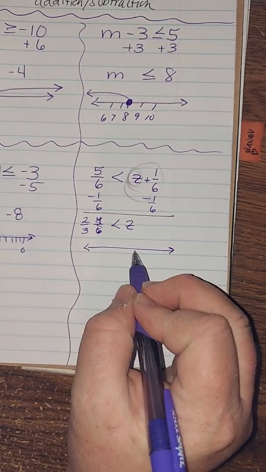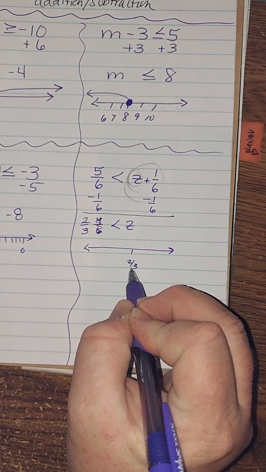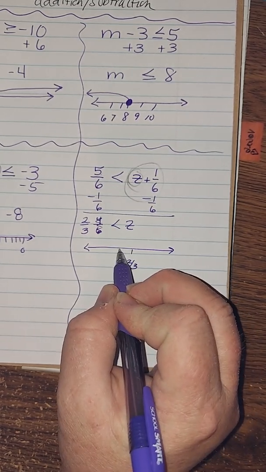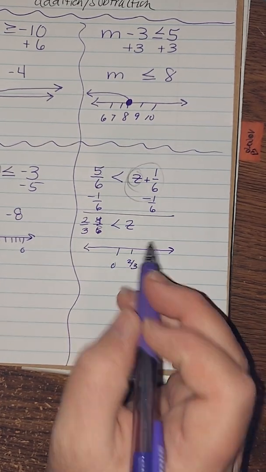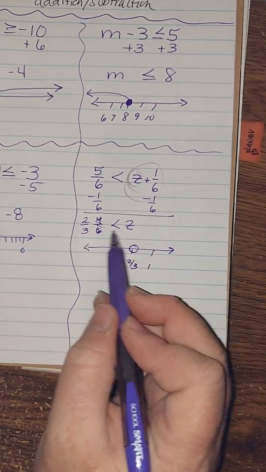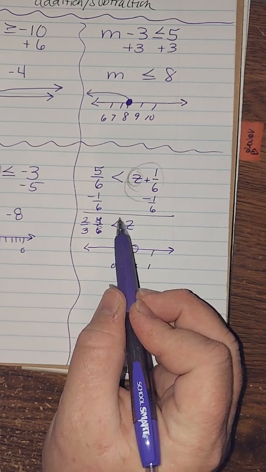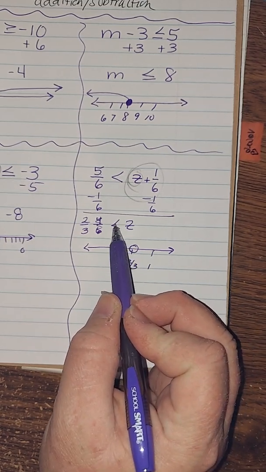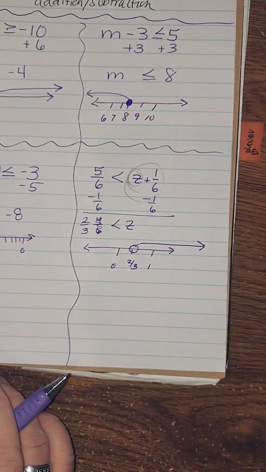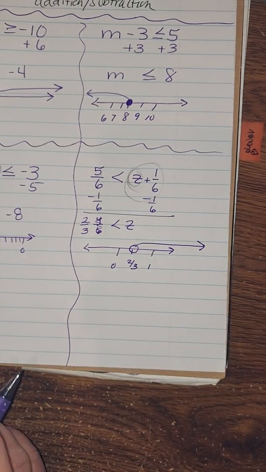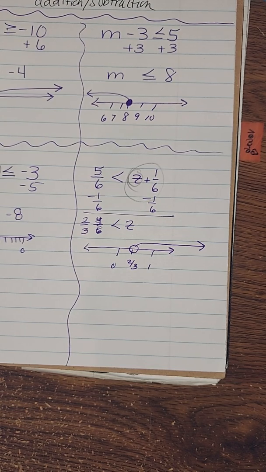First of all, open or closed at 2/3? Now 2/3 is between what? 0 and 1. So don't get tricked. So this is an open circle. So Z, big mouth is open, so Z is greater. So to the right. I know that sounds really silly to do, but you know what? It really works, friends. It really does. So that's really important.